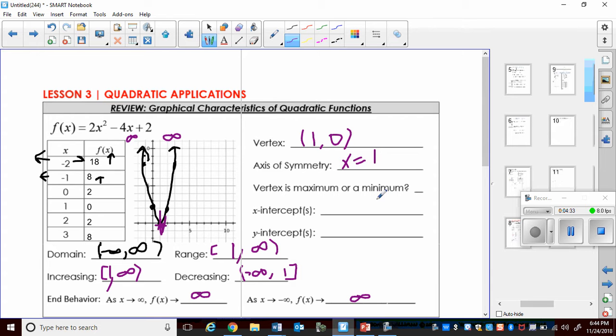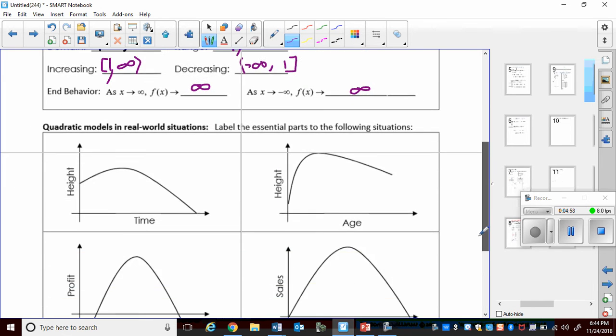The vertex is a minimum, and there's only one x-intercept at (1, 0), and this is a double root. The y-intercept, there's only one, at (0, 2).